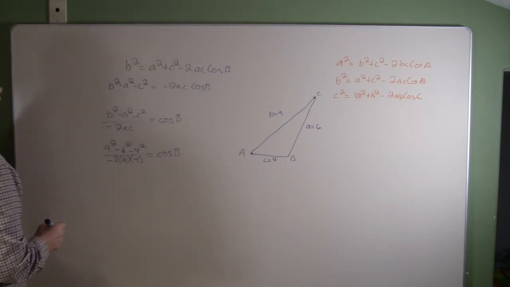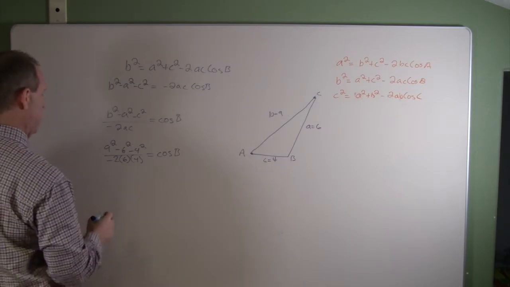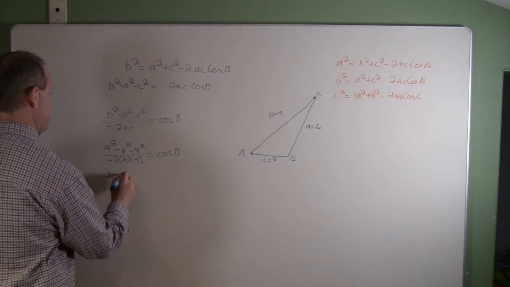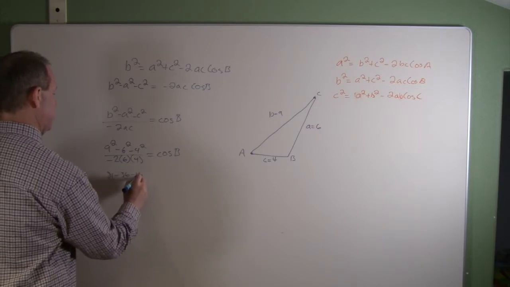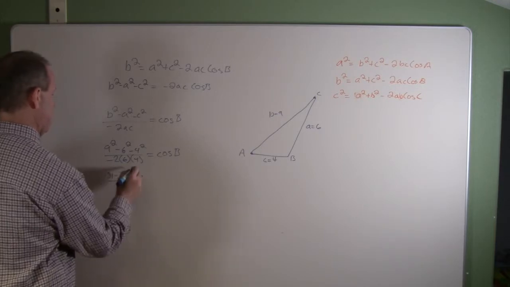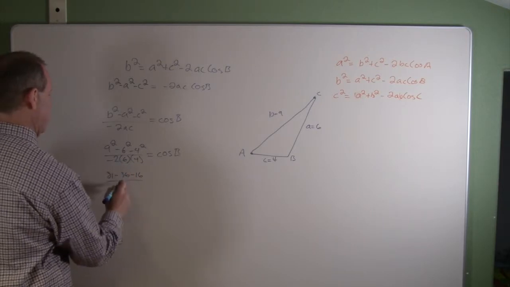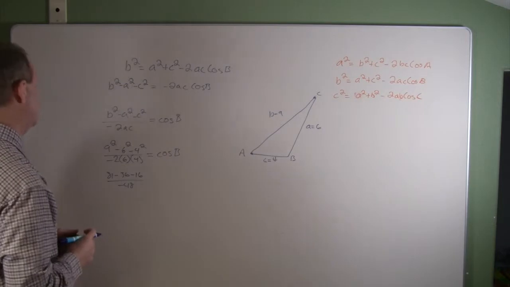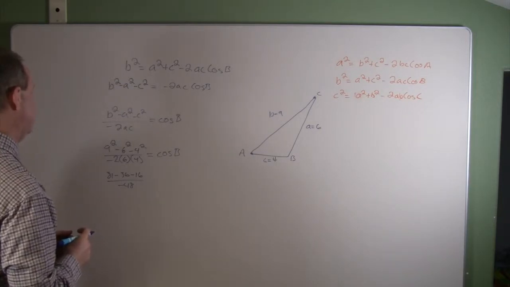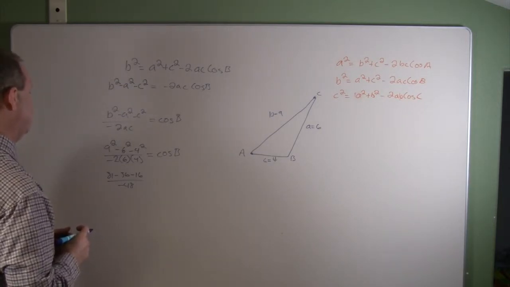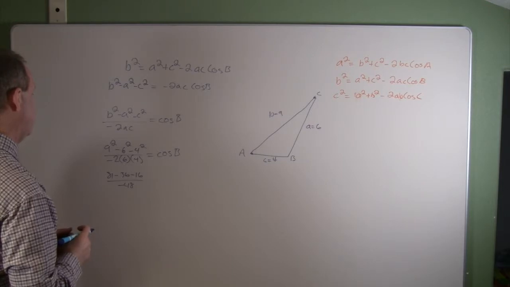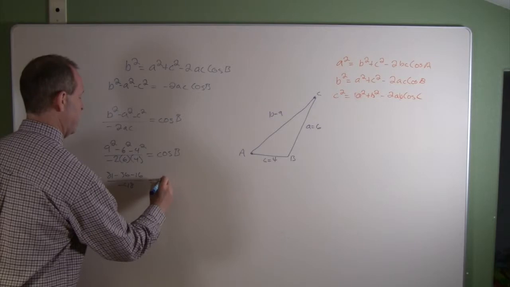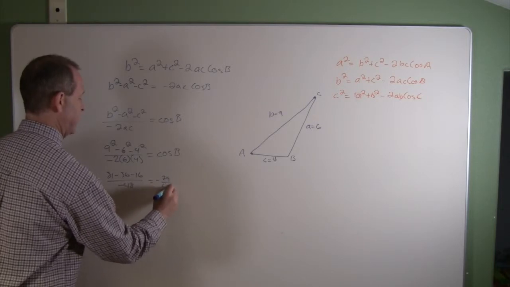Let's see what we've got. 9 squared is 81, minus 36, minus 16. On the bottom, negative 48. 36 plus 16 is 52. 81 minus 52 is 29. So that equals minus 29 over 48.